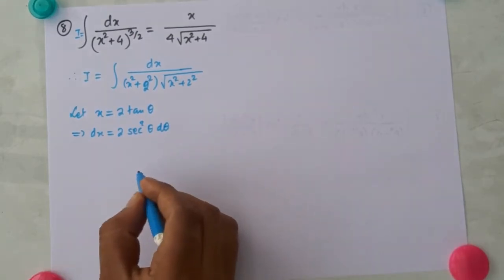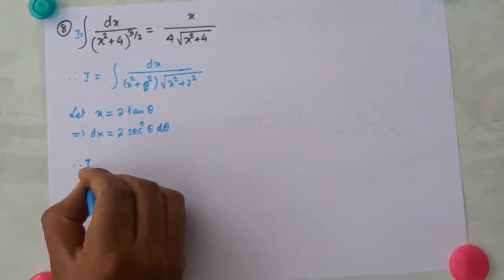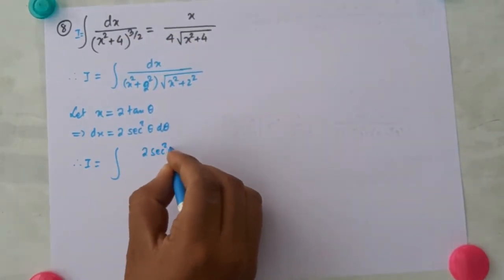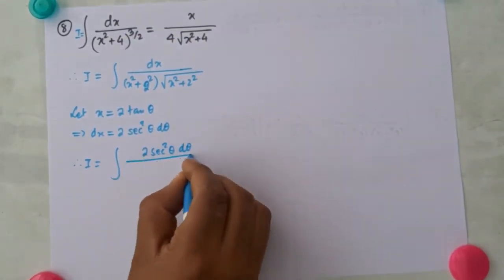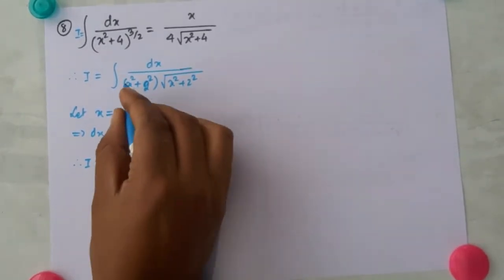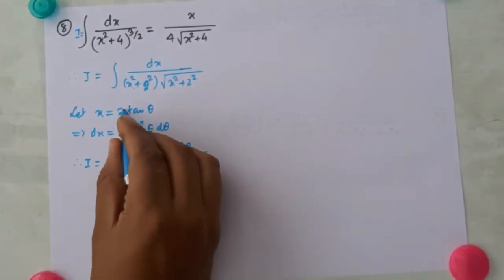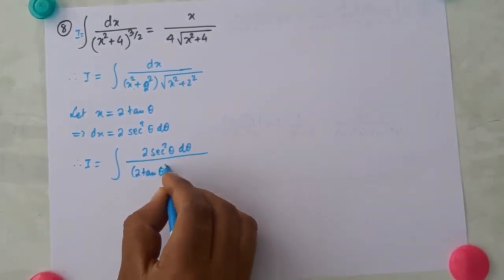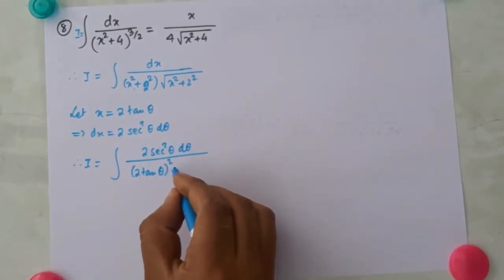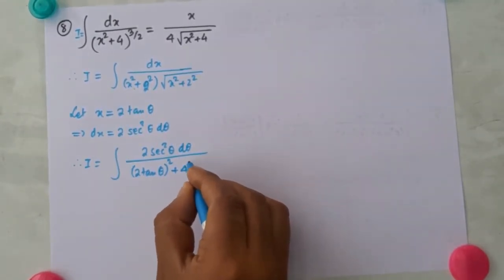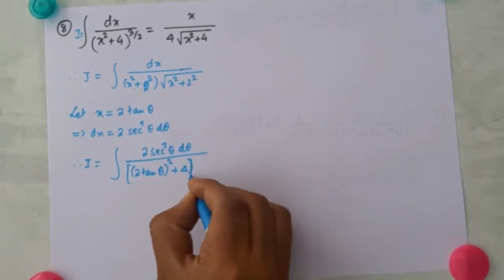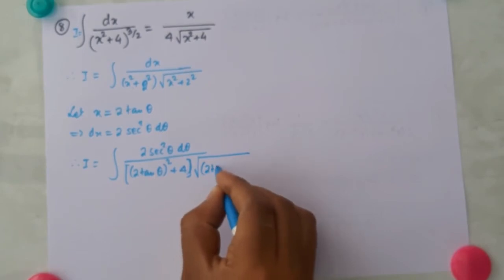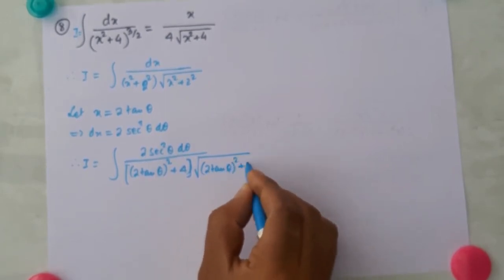So your integral I will change into 2 sec square theta d theta divided by 2 tan theta whole square plus 4, instead of x square plus 2 square, which is 4. Outside we have this, and within the square root sign again we have the same thing, that is 2 tan theta whole square plus 4.